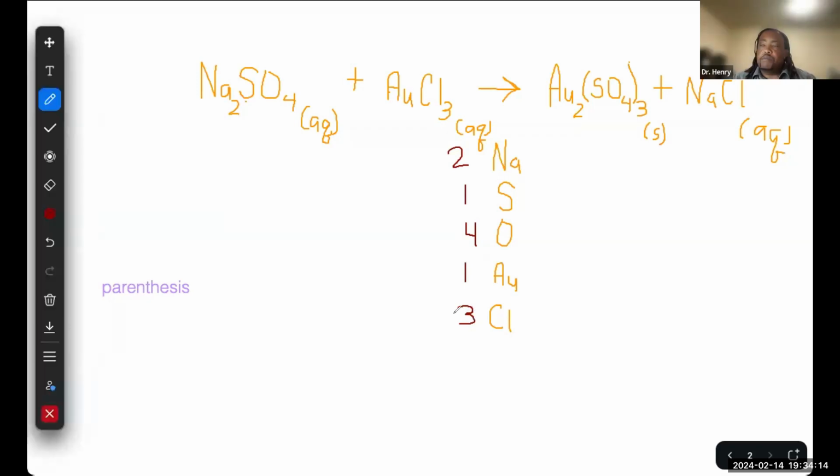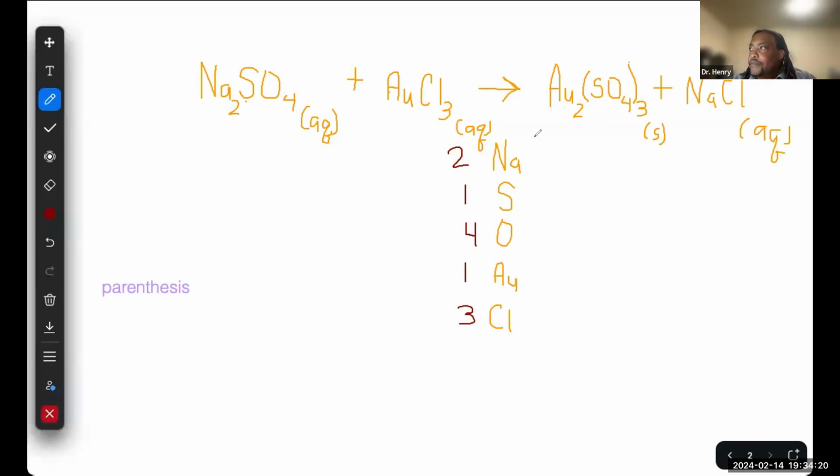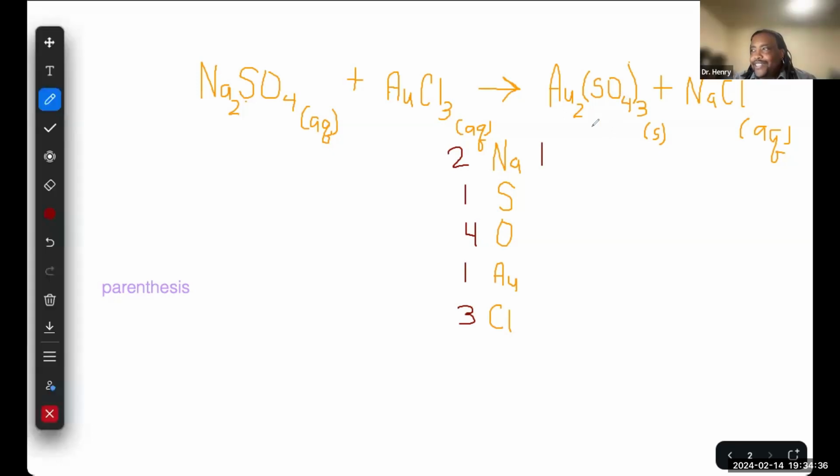Okay, so on our product side, how many sodiums? 1. How many sulfurs? Sorry, 3. That's right. We have 3. So there's nothing next to that S, but on the outside we have a 3.